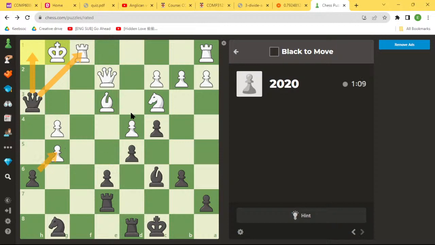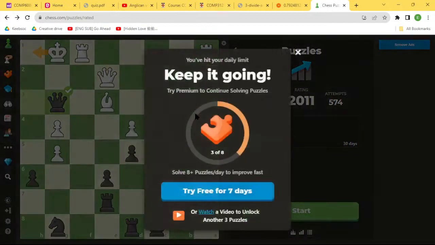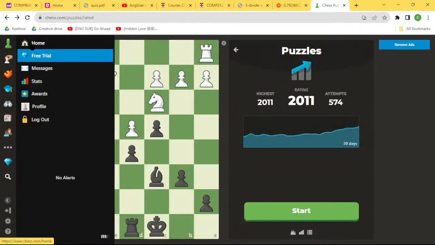Could take the pawn for free. What do I do here? I don't get it. Whatever.